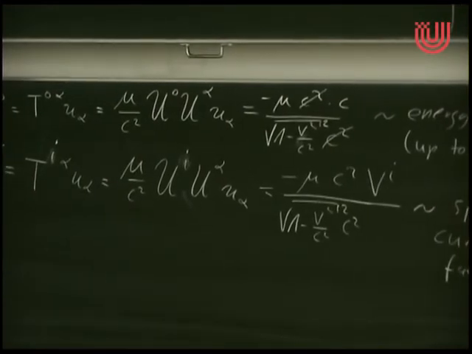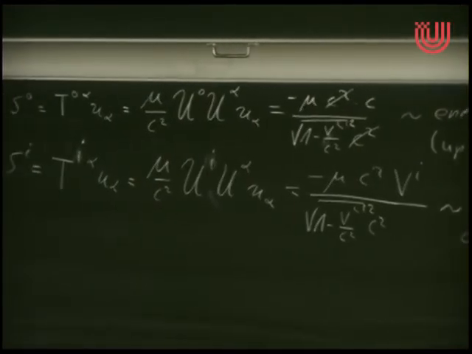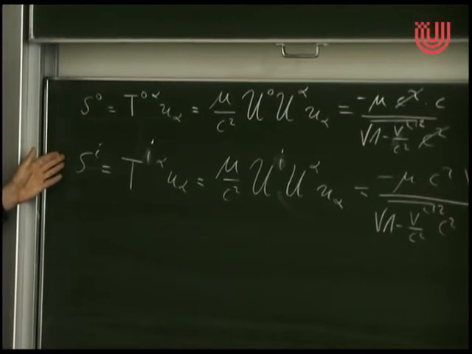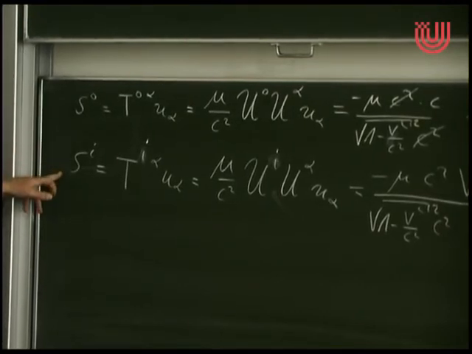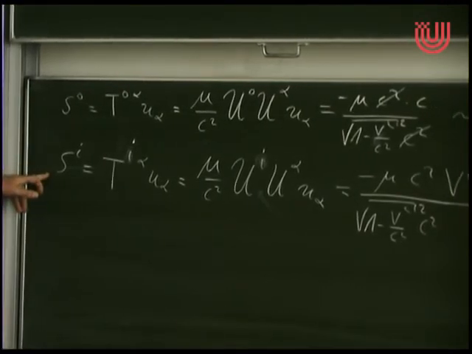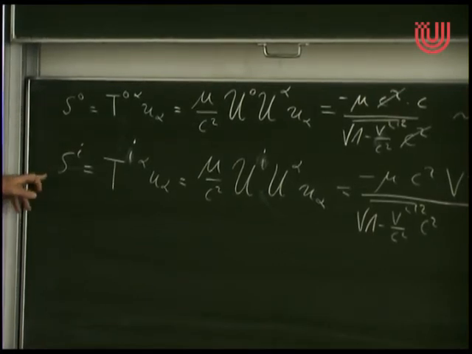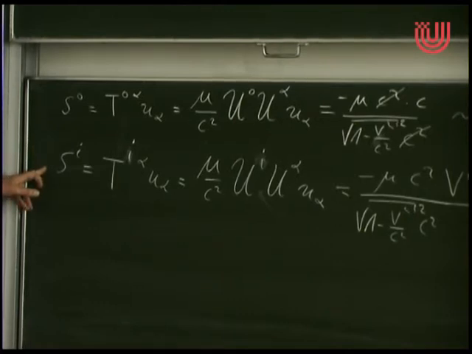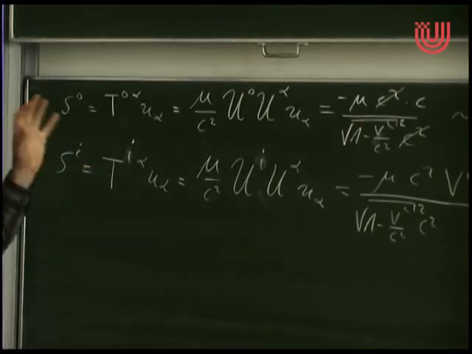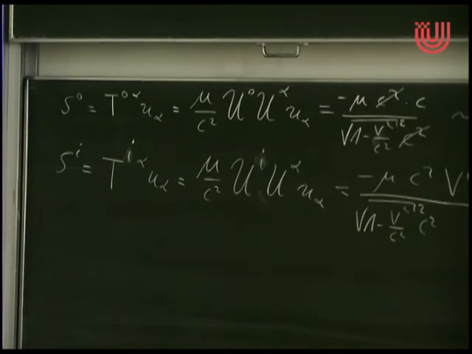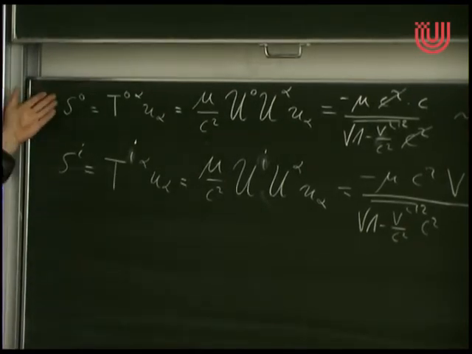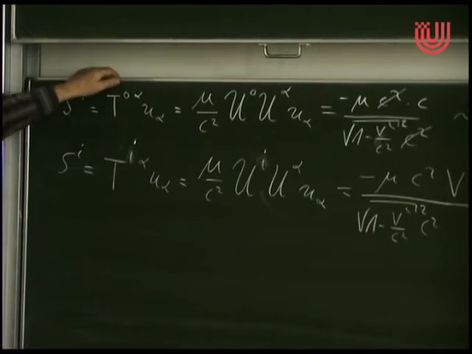So what I wanted to demonstrate is that these quantities are quite analogous to the rho and the J i which we had in electrodynamics. But now not formed with the charge, but rather with the energy. So this thing is the same expression in terms of the energy as the rho and the J i is in terms of the charge. So that's the reason why we call it the energy current, as we call it the J mu, the charge current.